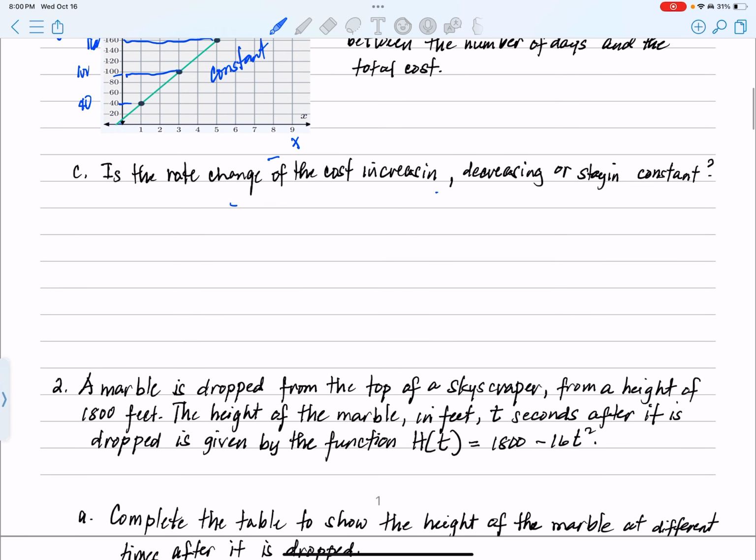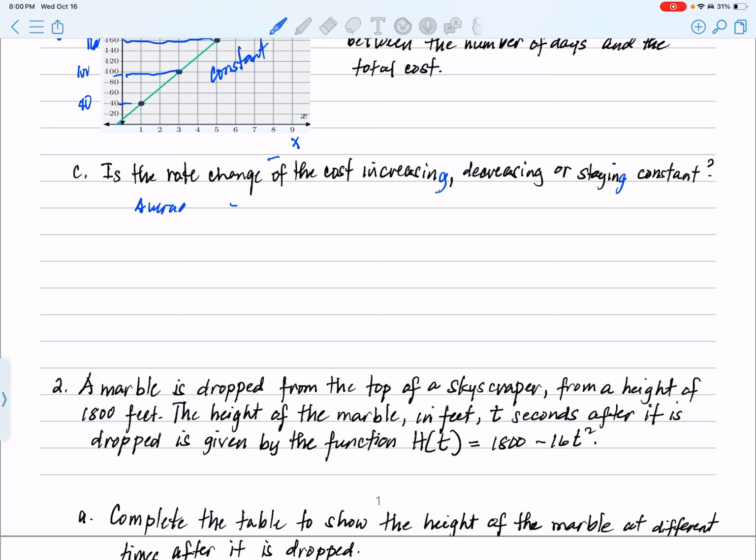Is the rate of change of the cost increasing, decreasing, or staying constant? As calculated, we calculated the average rate of change to be 30.